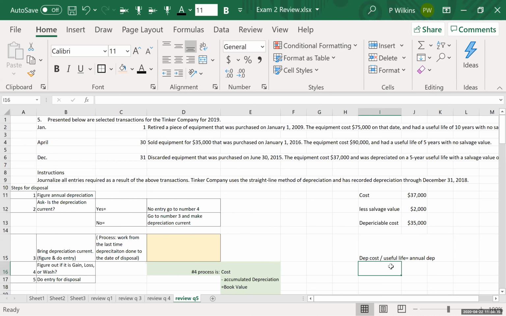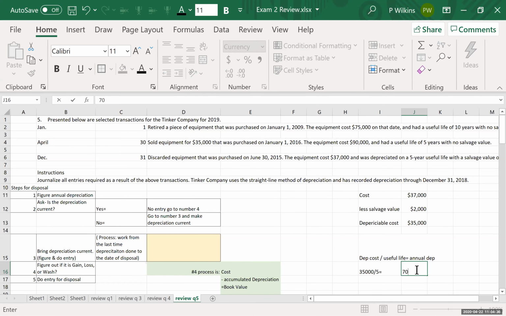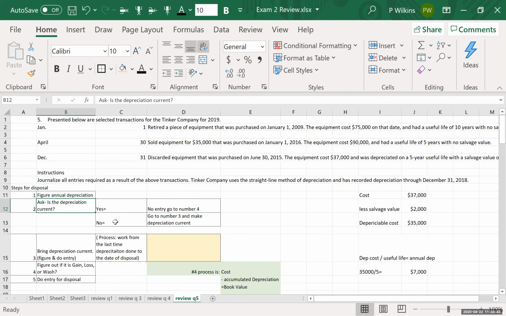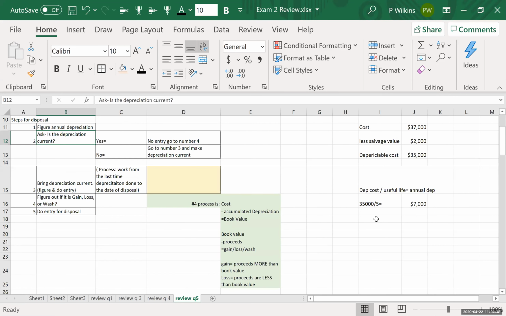So our depreciable cost is $35,000, and we're going to divide that by 5 years, so that means that our annual depreciation is $7,000. Now we go to the next question. We ask ourselves, is depreciation current? So we have to go through that whole process.